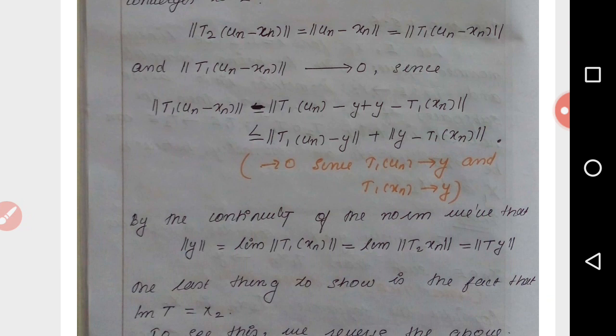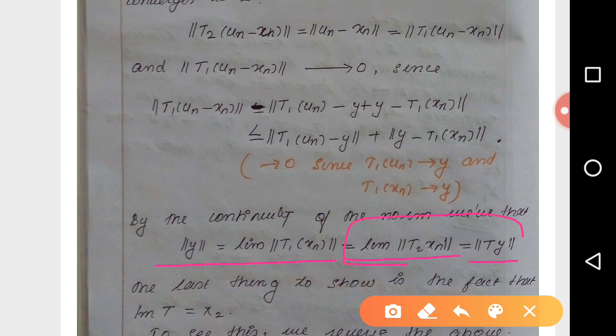That is, the limit of T2 un is the same as the limit of T2 xn. So by continuity, the norm of y is equal to the limit of the norm of T1 xn, which is equal to the limit of the norm of T2 xn, which is equal to the norm of Ty. We define it like this.